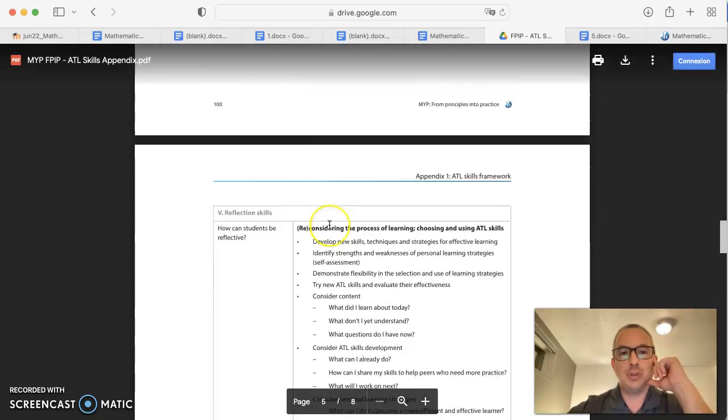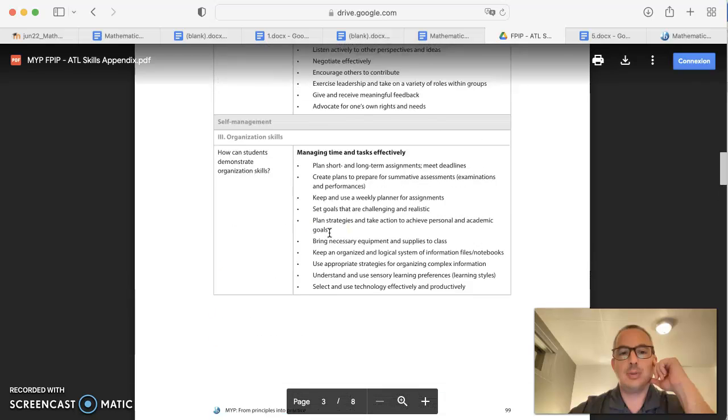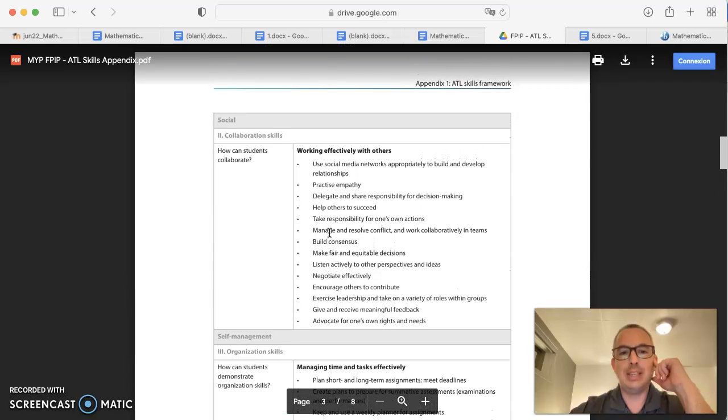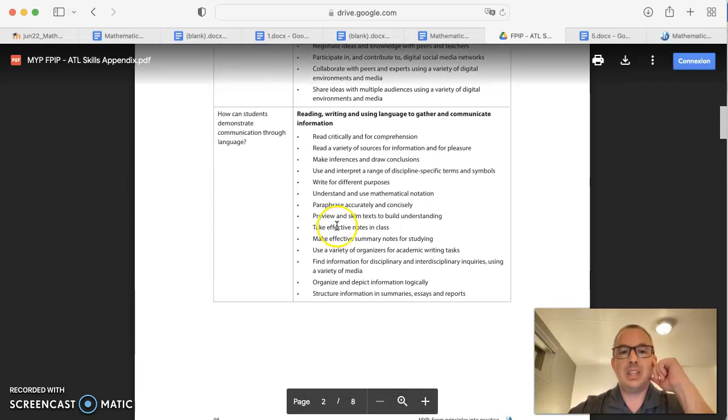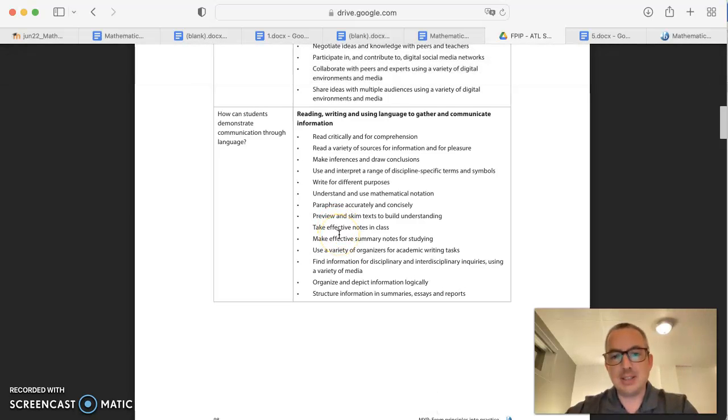If I would go to communication skills, you'll see that there are things which are directly related to mathematics. Doesn't mean that you only have to select these, of course, but organizing and depicting information logically is something that we do. Of course, we can understand and use mathematical notation, we can make inferences and draw conclusions, perhaps in correlation.